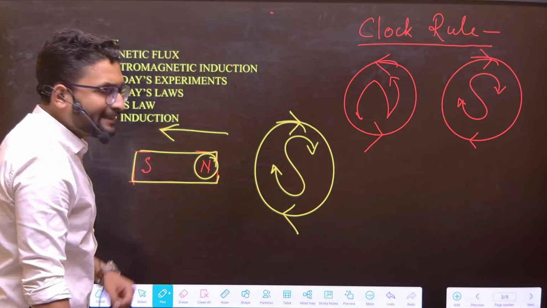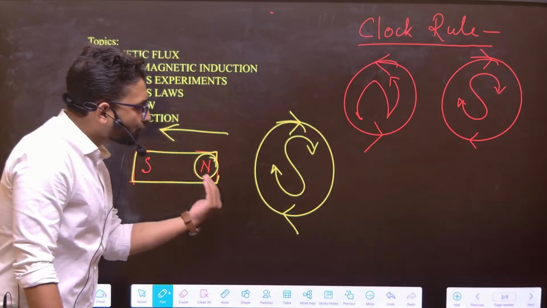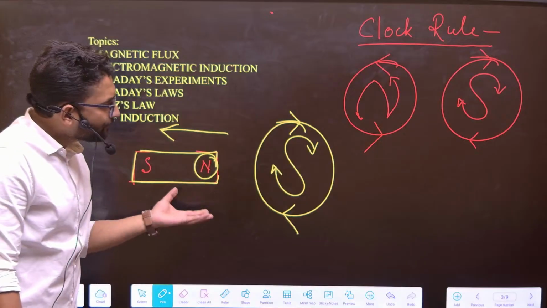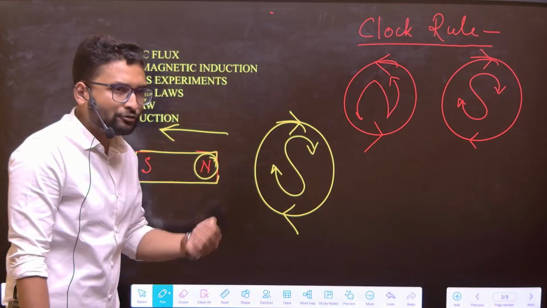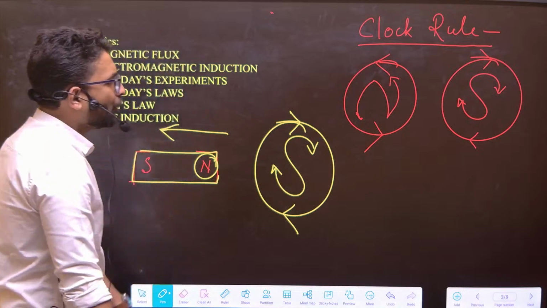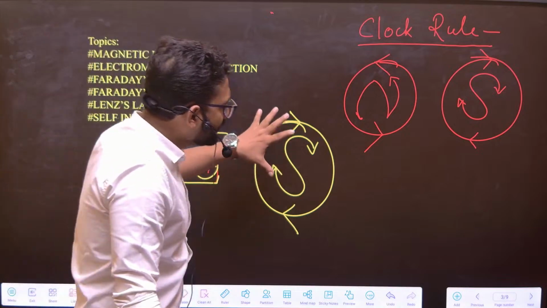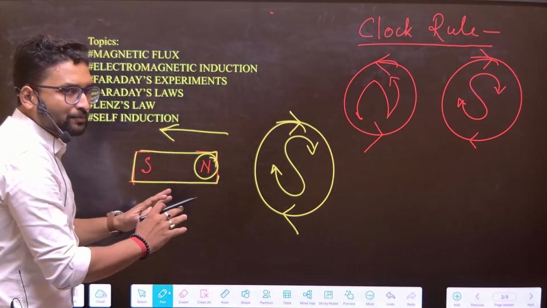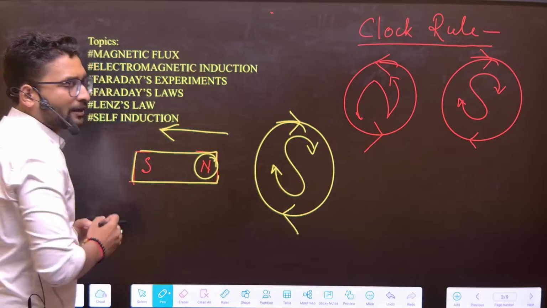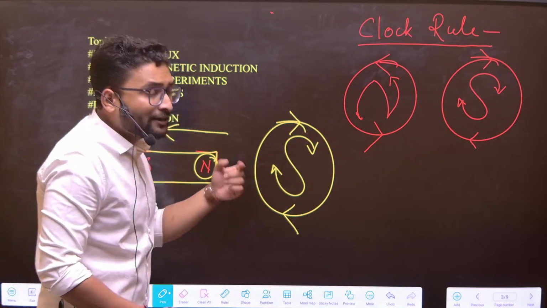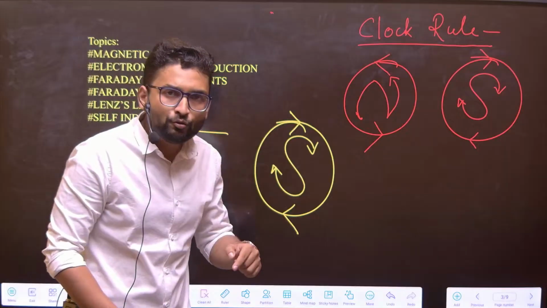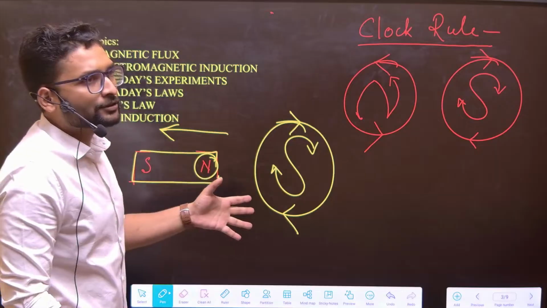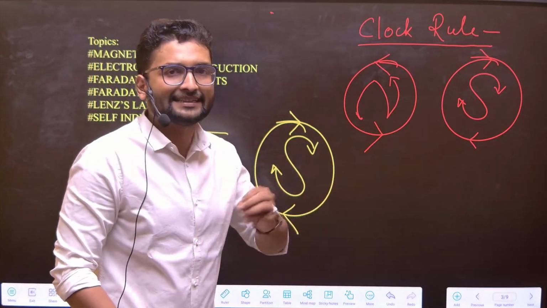So what is happening here? You are taking the north pole away, and as a result south polarity appears. What kind of force shall exist between a north pole and a south pole? Of course, attractive force. So the direction of induced current in this coil is such that it is not letting you take the magnet away from the coil. If you still want to take it away, you have to do work, and that work is transformed into electrical energy.